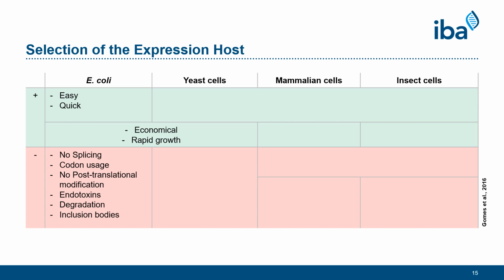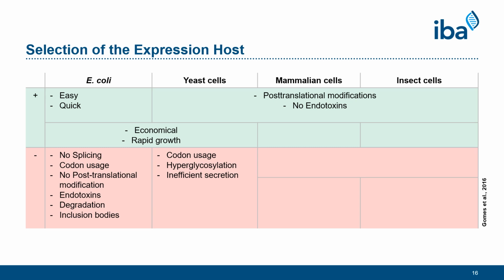E. coli do not have a machinery for post-translational modifications, which are necessary for a functional protein. And after preparation, the sample contains endotoxins, which could be problematic depending on the subsequent use. And if your protein is produced at a high level, the formation of inclusion bodies or degradation is possible.